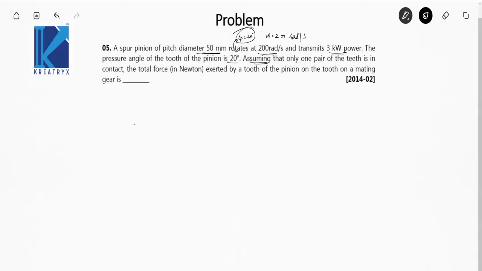Let me draw a rough tooth of the gear, and on this tooth, this is the normal force or the total force exerted.